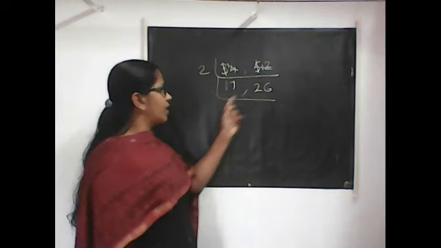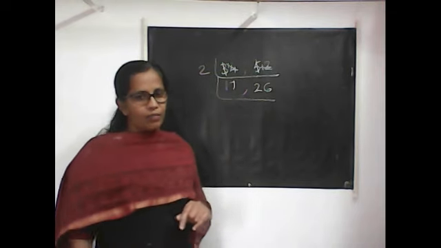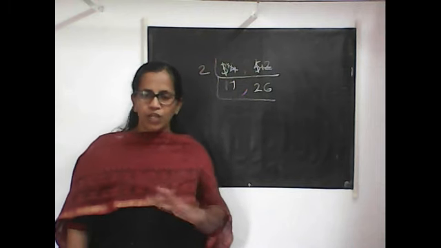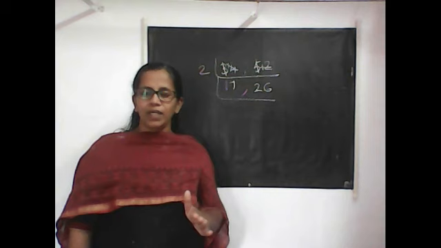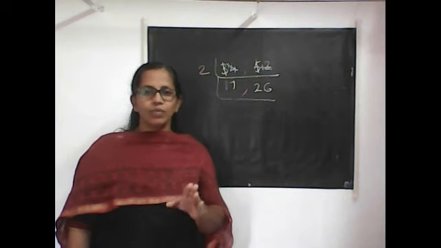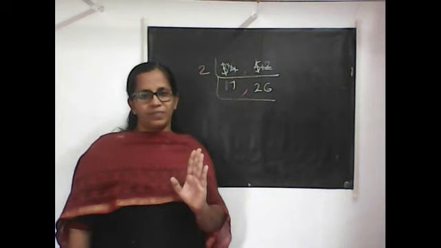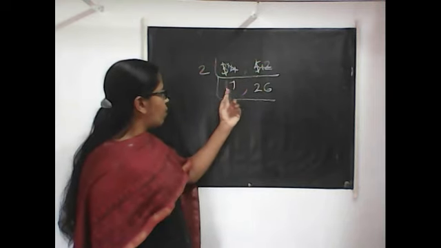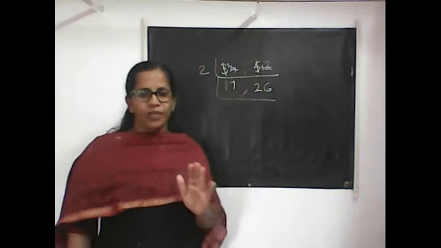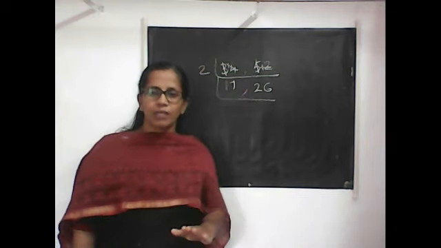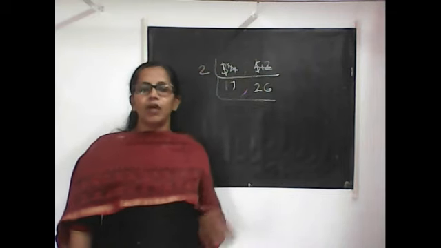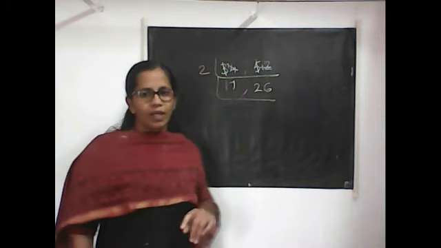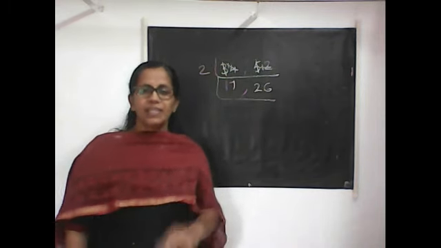Can we divide it by 3? What is the test of divisibility by 3? I don't ask you to study all the divisibility rules, but for the time being, you have to study at least 2, 3, 5. For 17, add the digits. 1 plus 7 is 8. 8 is not there in 3's table. So, 17 cannot be divided by 3. Then 26. 2 plus 6 is 8.